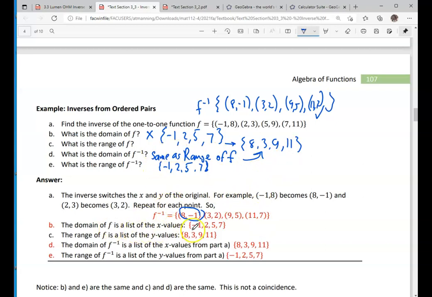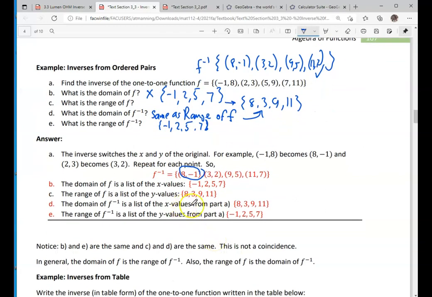There's the domain of my original starting function and the range of my original starting function, and then the inverse's domain is what you started with as range, and its range is the original input to f.